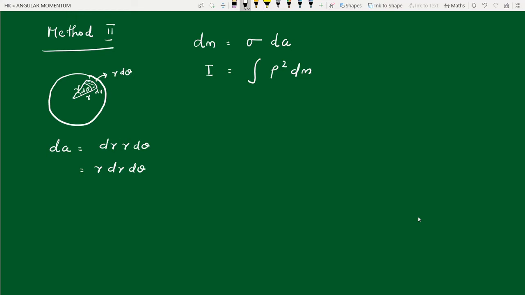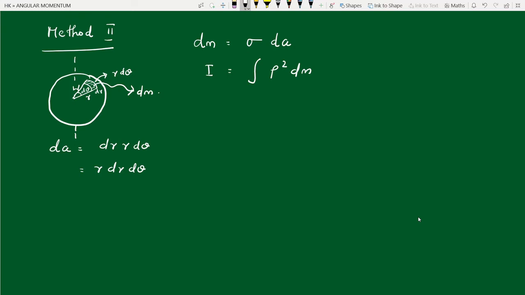And what is rho here? The perpendicular distance of the differential mass from the axis. The axis is again this perpendicular axis passing through the origin, through the center. This elemental area has the mass dm.